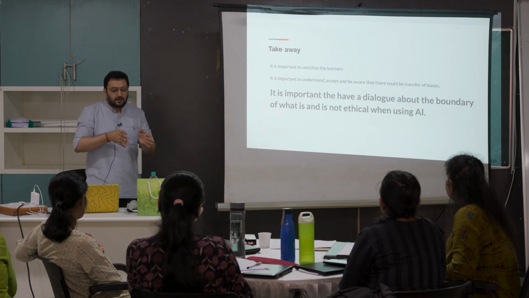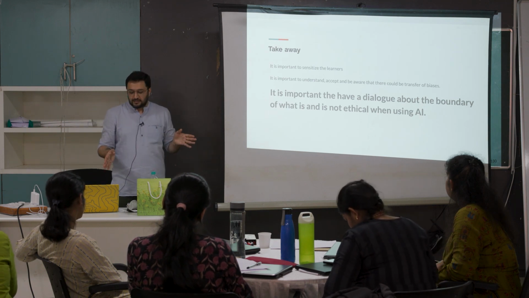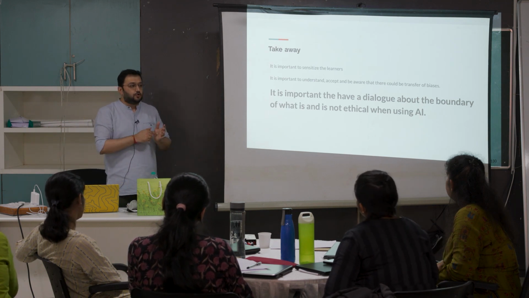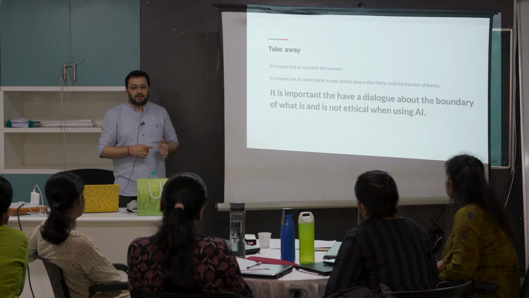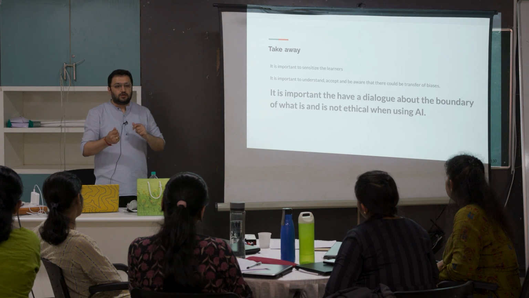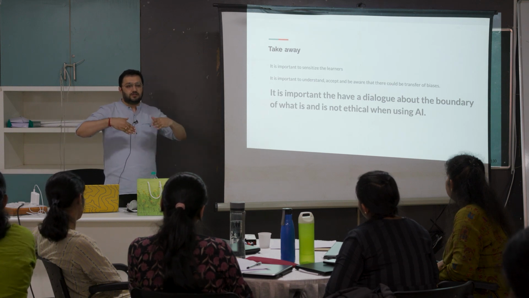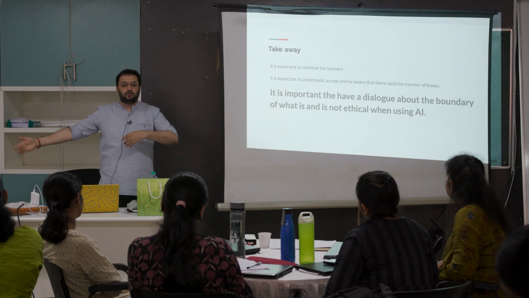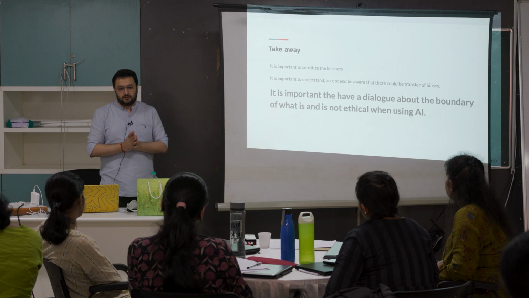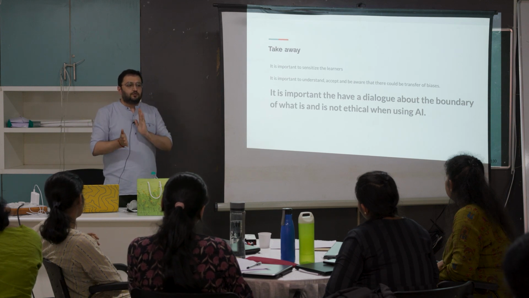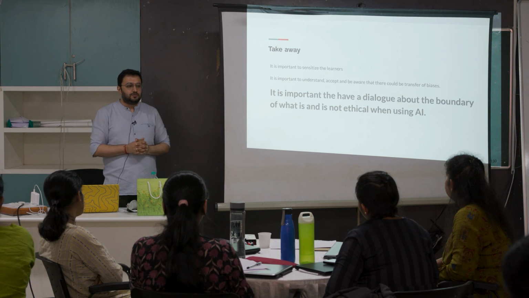So there is a very good possibility they will get transferred when we build AI systems. But the most important thing, especially for learners who are getting into AI, is to have this dialogue about, okay, what is the boundary of an AI based system? Because in the future, these are the people who are going to build those AI systems. So that thought process has to start, that dialogue has to start, about what is ethical, what are the boundaries, and what are the things that they should steer clear of.